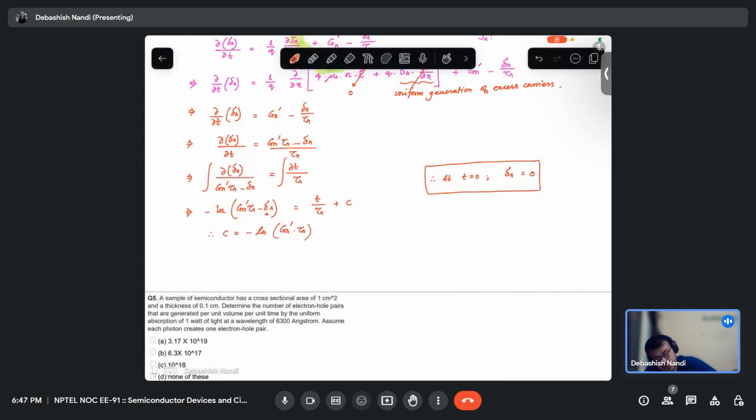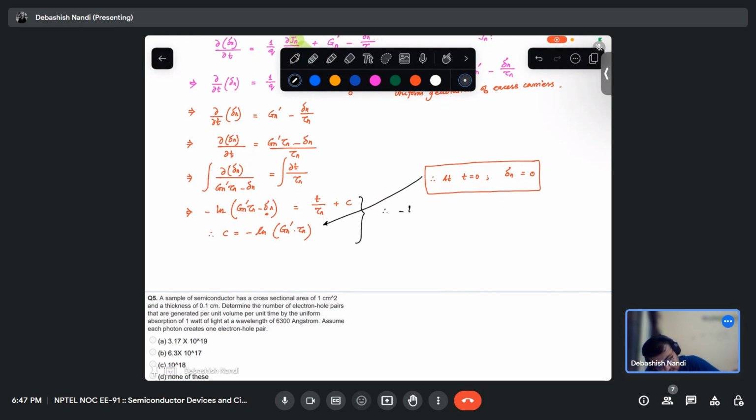So I can write minus ln of (Gn dash tau n minus delta n) equals t over tau n minus ln of (Gn dash tau n).